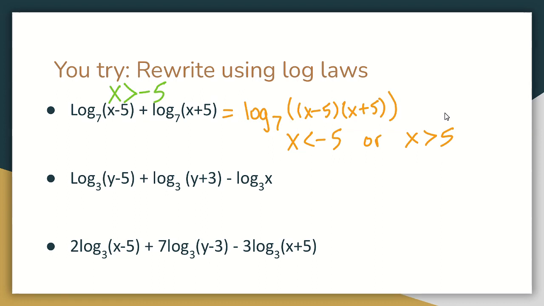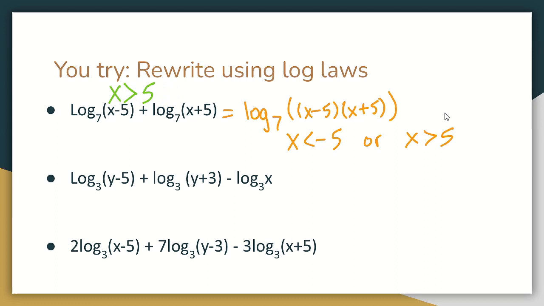So the only time that these are both true, so this side is true when x is greater than -5. Ooh, wait a second. Right here, x has to be greater than +5. So that's more restrictive. This should have been greater than +5.